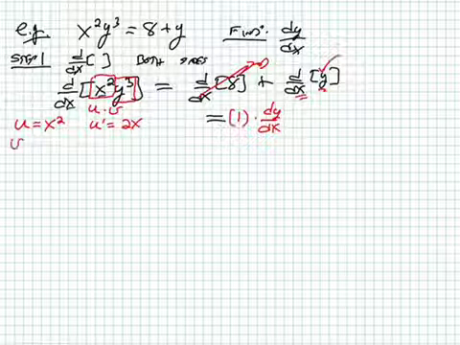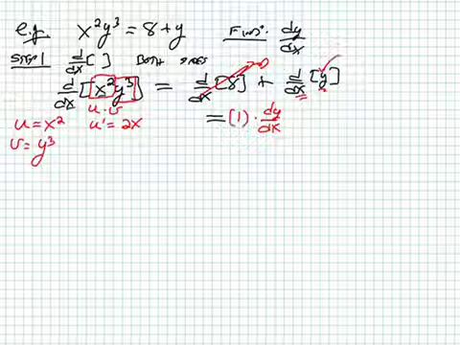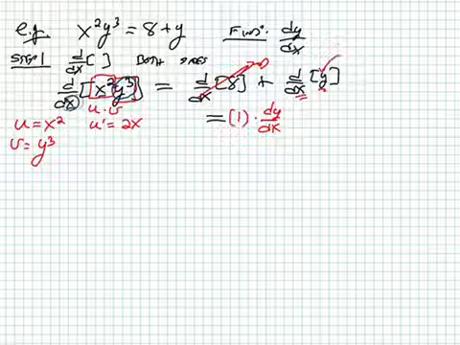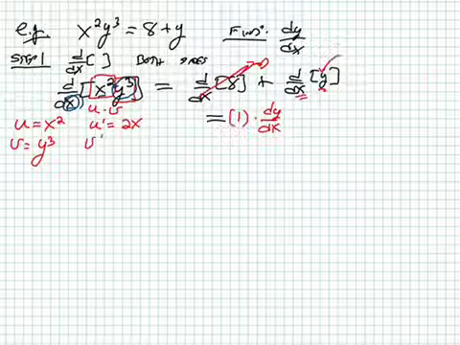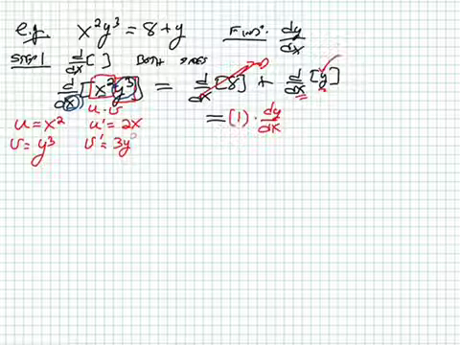Now v is equal to y cubed. And here's where I have to be careful, because differentiating y cubed with respect to x is different, I have to include the chain. So v prime is the derivative of y cubed with respect to x, which is 3 times y squared, times the chain, which is dy/dx.